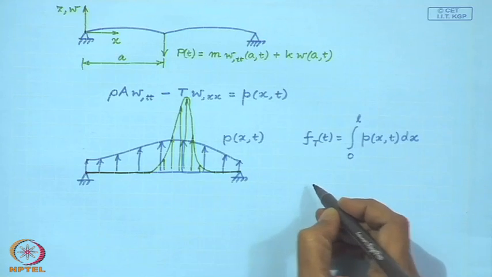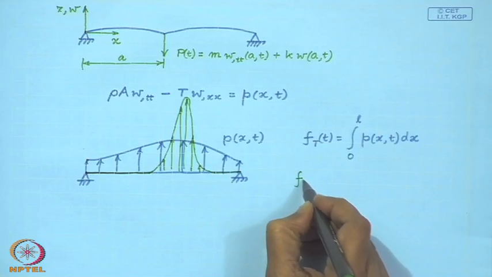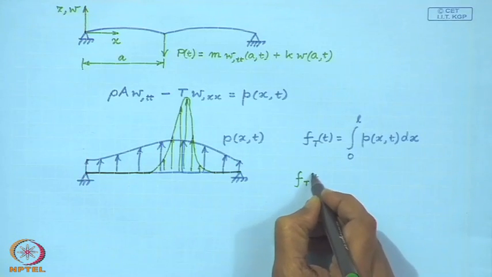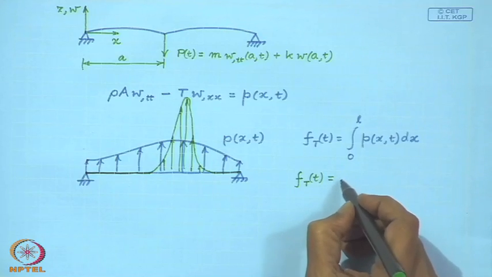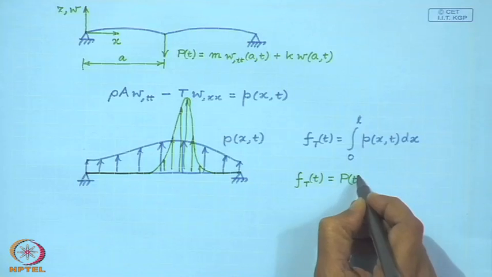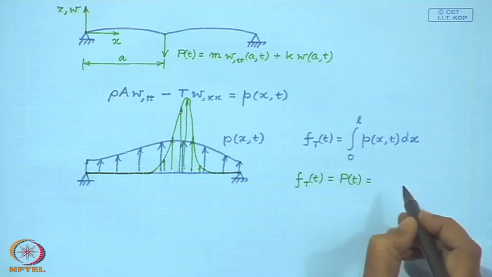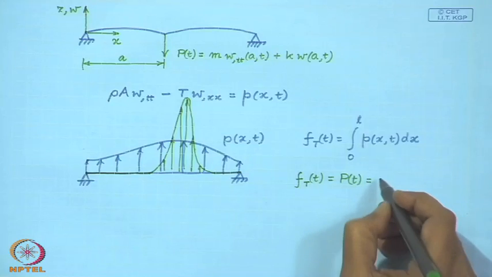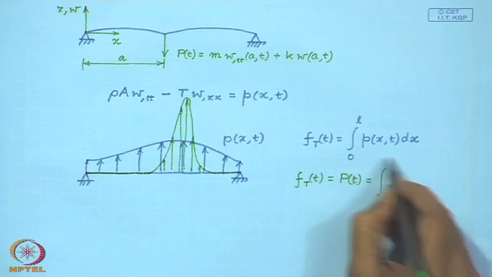So, how do you achieve such a thing? So, the total force must be equal to P(t) that we have here, but that must come by integrating out a distribution.